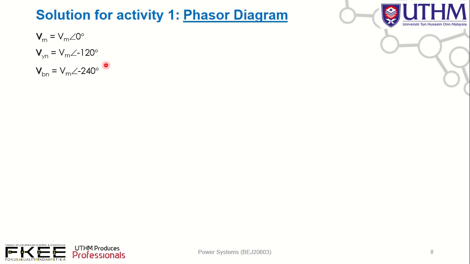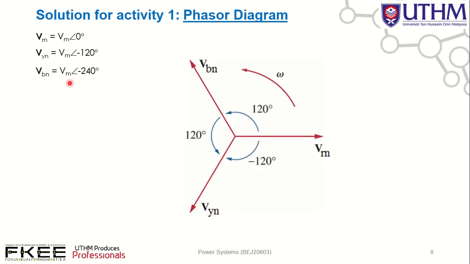Let's say we have VRN, VYN, and VBN. This is VRN, our reference at angle 0, and then VYN is Vm angle minus 120, measured from 0.